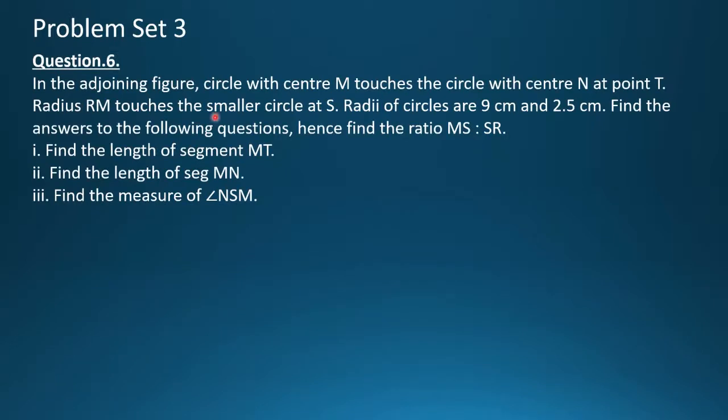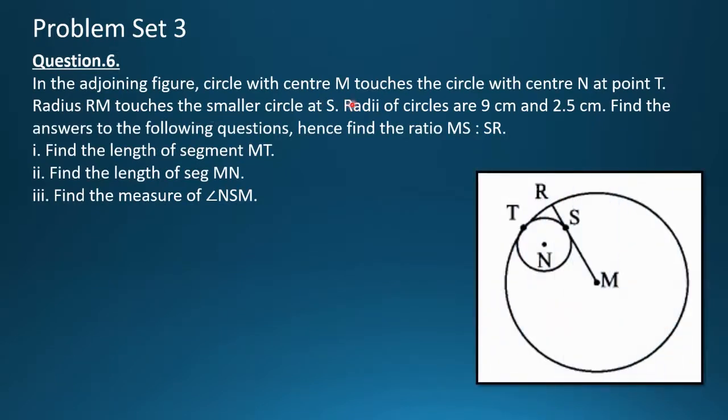In the adjoining figure, the circle with center M touches the circle with center N at point P. Radius MR touches the smaller circle at S. Radii of the circles are 9 centimeters and 2.5 centimeters. Find the answer to the following questions.